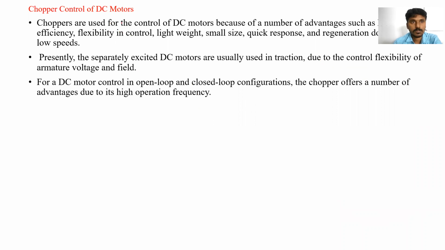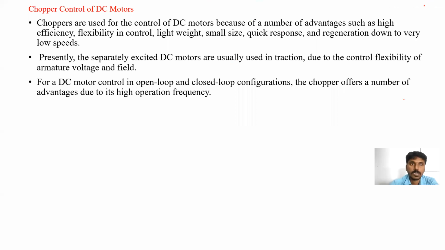Chopper control of DC motors. Choppers are generally used for the control of DC motors because of a number of advantages, such as high efficiency, flexibility in control, light weight, small size, quick response, and regeneration down to very low speeds.